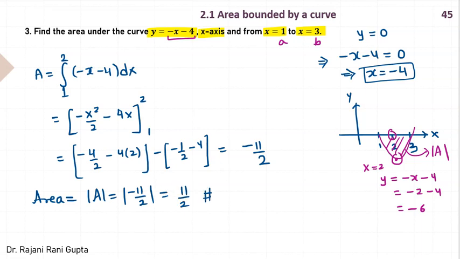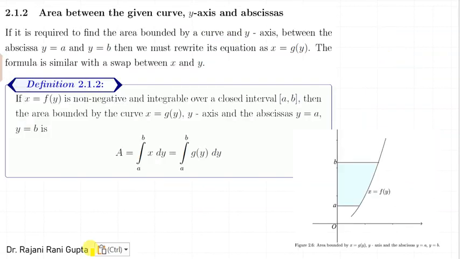Okay. What is the other scenario in this? They'll give you the curve, say x as a function of y, and they ask what is the area between this curve x equal to g of y, the y-axis, and so on. In this case the formula will be the same, just in place of y we will replace x.